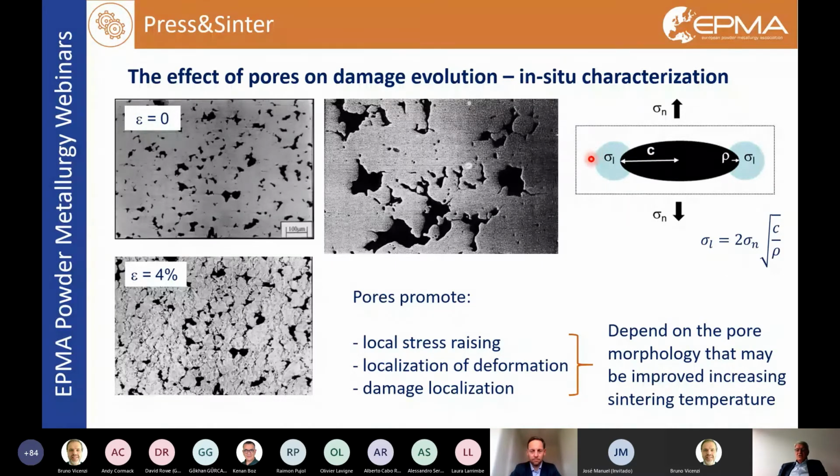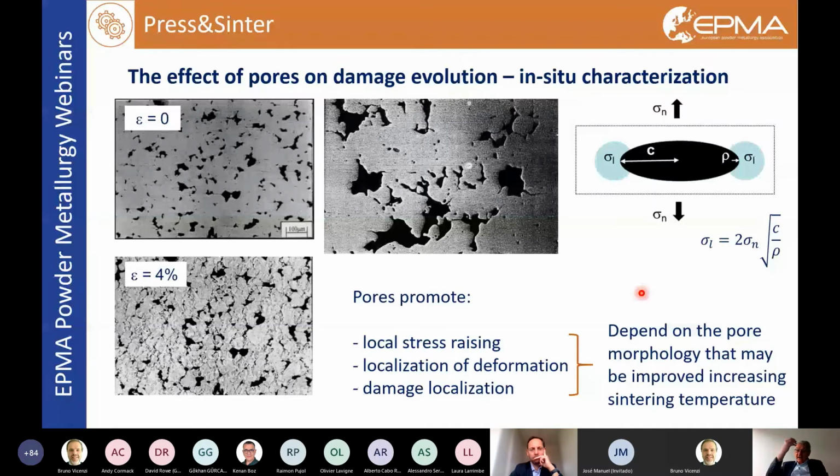Of course, on increasing the stress, the area of this region expands, but nevertheless it is not so easy to distribute deformation through the whole volume of the part. And this is the reason why the mechanical properties are lower than those of the corresponding pore-free material. All these phenomena depend on the pore morphology, and the pore morphology may be changed by the sintering temperature, as I showed in the previous slide.